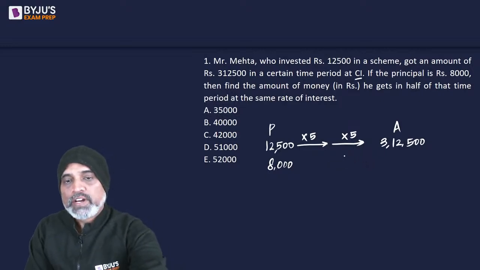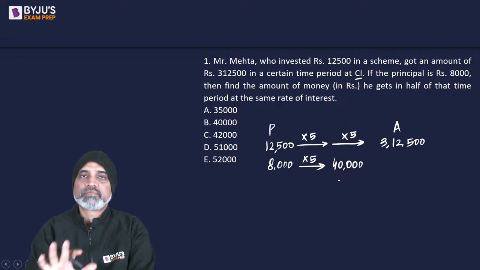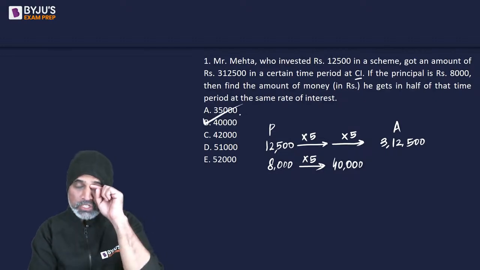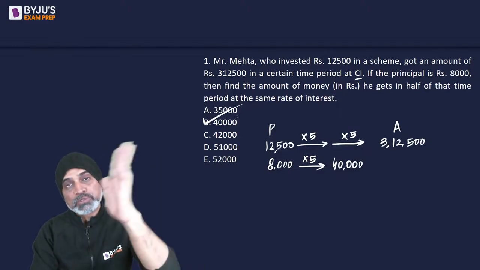Since we are asked to find out only one half, it is going to become 5 times. So 8 into 5 is 40, so it will result in 40,000. That's it. Pure common sense based question, right? Because in compound interest, it's not how much is added, it's about how many times it becomes.